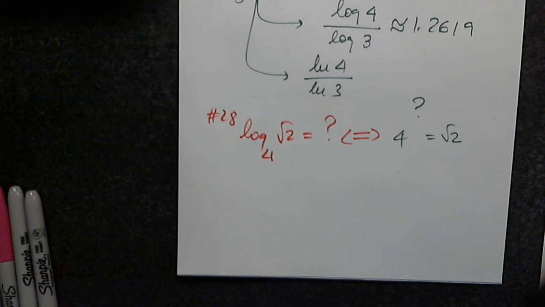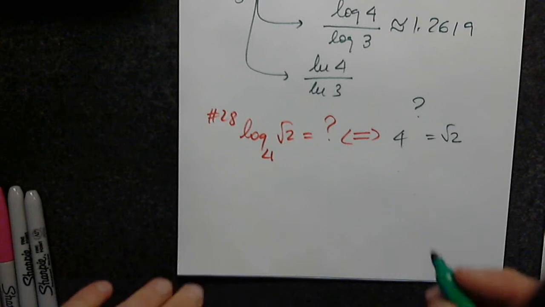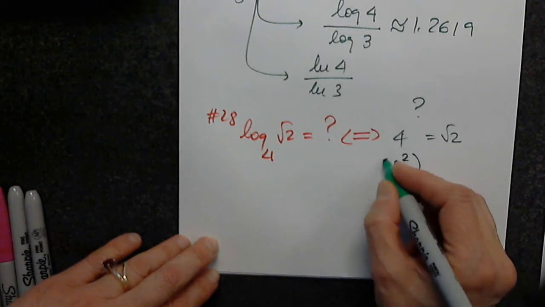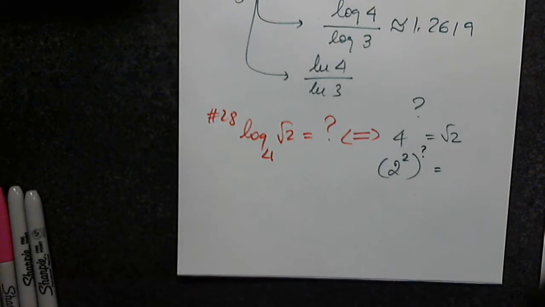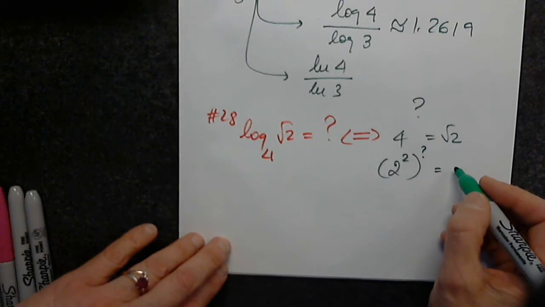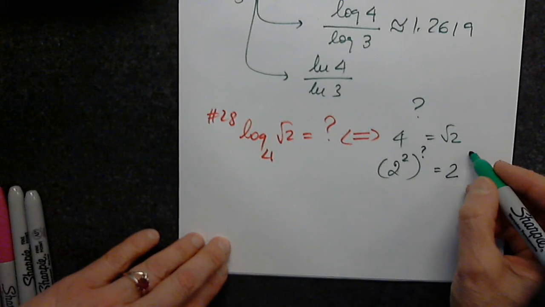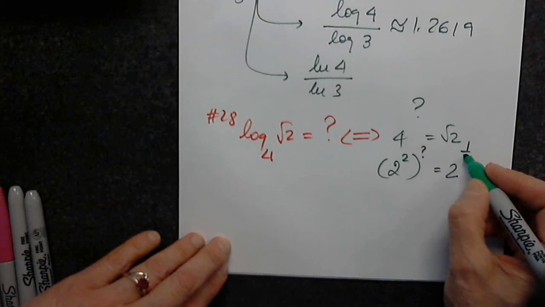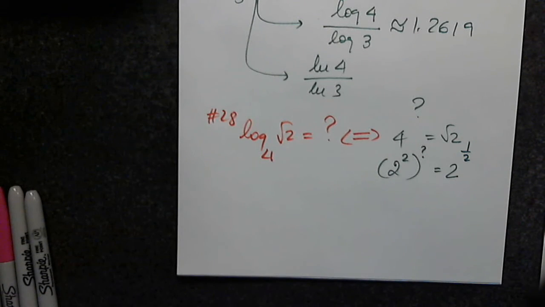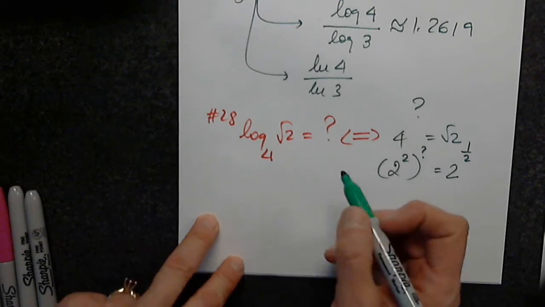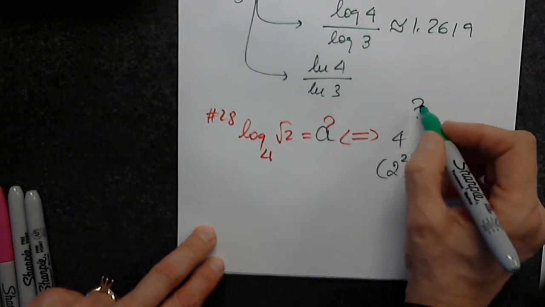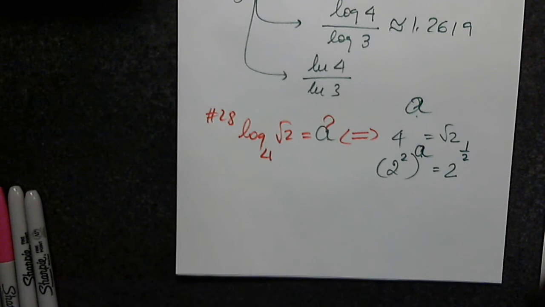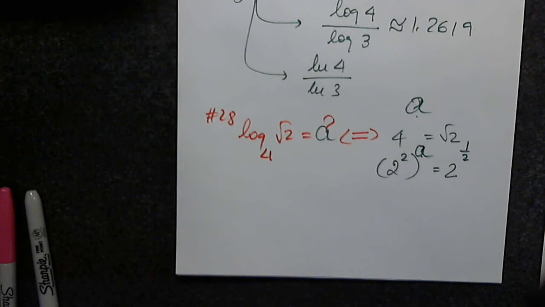So can anyone give us a base for 4? There is only one, which is 2 squared to some number equals 2. Yes, awesome. So the left-hand side will be, maybe it's easier if I write an A here, so it doesn't look like a square question mark, or it's not confusing.